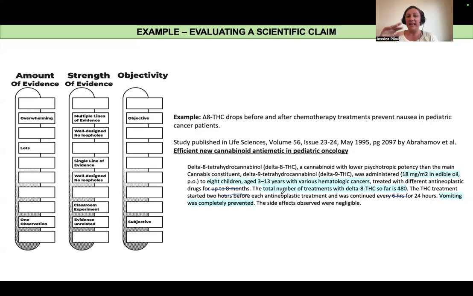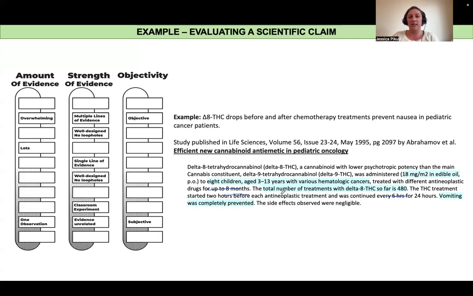It had 8 children in the study, between 3 and 13, and they had different types of cancer. The total number of treatments with the delta 8 THC was 480. From those observations, they were able to draw the conclusion that vomiting was completely prevented in the cases. So you can create a treatment that prevents nausea, or at least vomiting. And they saw very few side effects, which is very exciting.